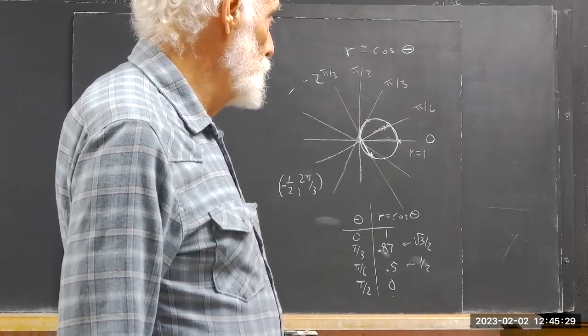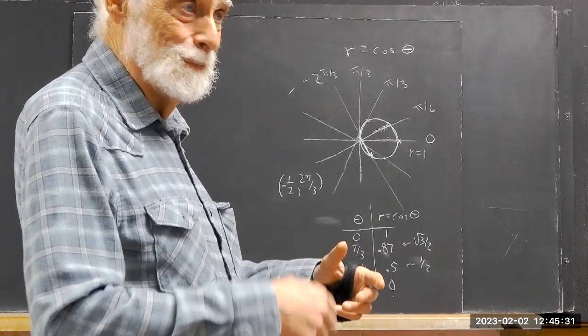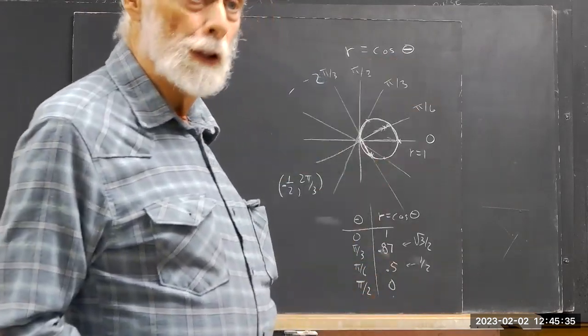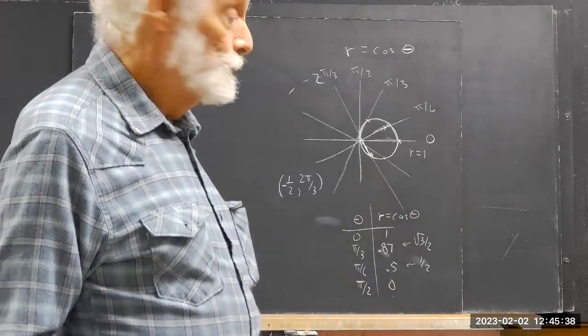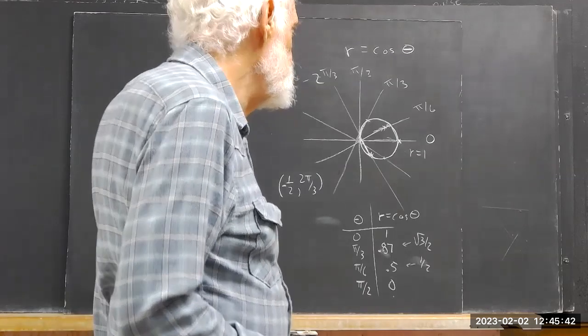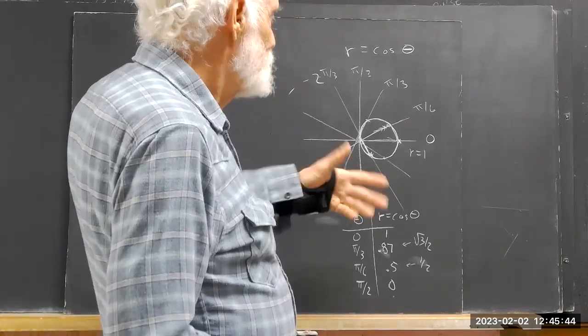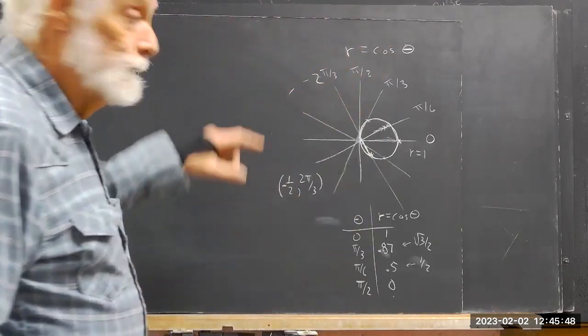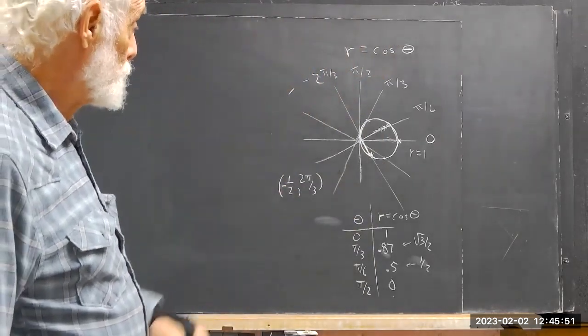Now you do get cloverleaf shapes out of this if you did r equals cosine of 2 theta. Well, you could work that out. I'm just not going to draw it.